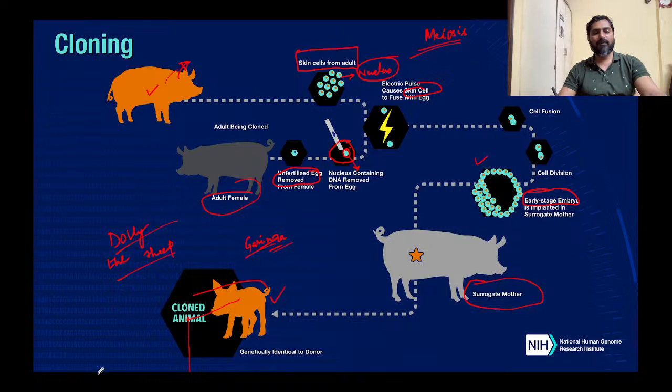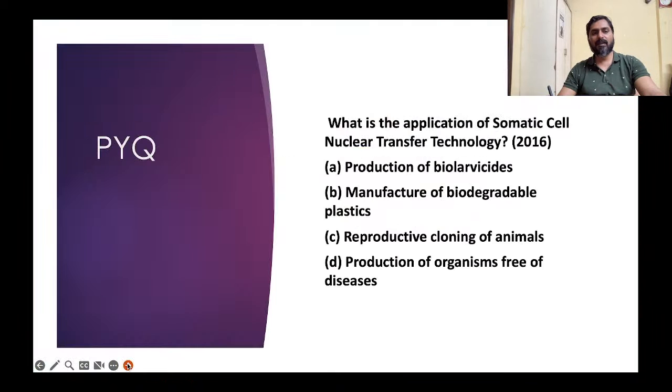So in this, what type of questions can you expect? The type of questions asked are basically the scientific names, sometimes. Cloning is also known as somatic cell nuclear transfer technology. Why is it called somatic cell nuclear transfer technology? Because we are taking the somatic cells of the organism which we want to clone.